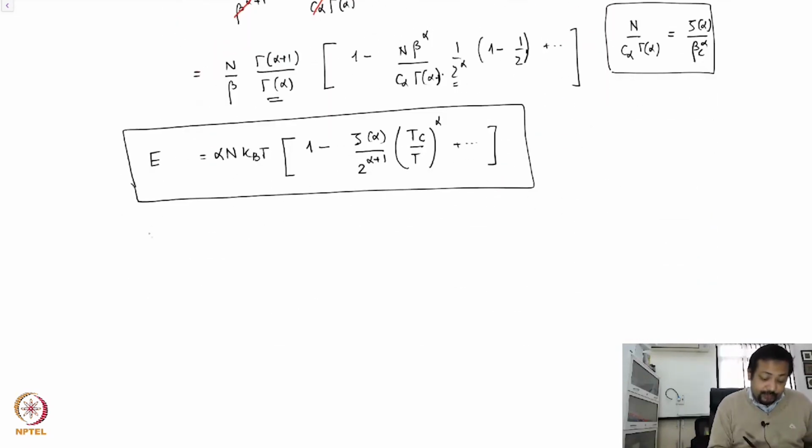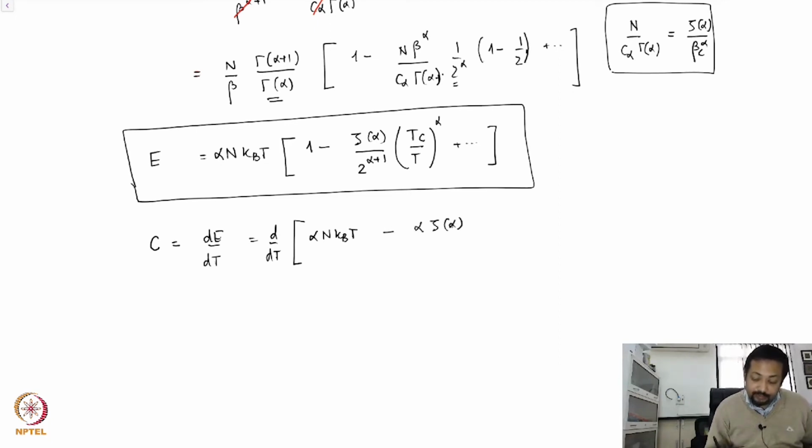So the specific heat is dE/dT, which we are going to explicitly write down now: d/dT of alpha n k_B T minus alpha zeta alpha 2 to the power alpha plus 1 n k_B Tc to the power alpha, and I have T divided by T to the power alpha, so T raised to the power 1 minus alpha, plus higher order terms.